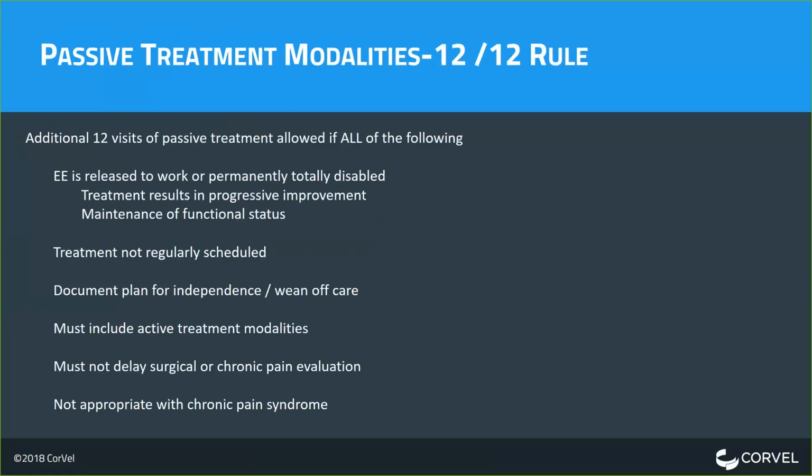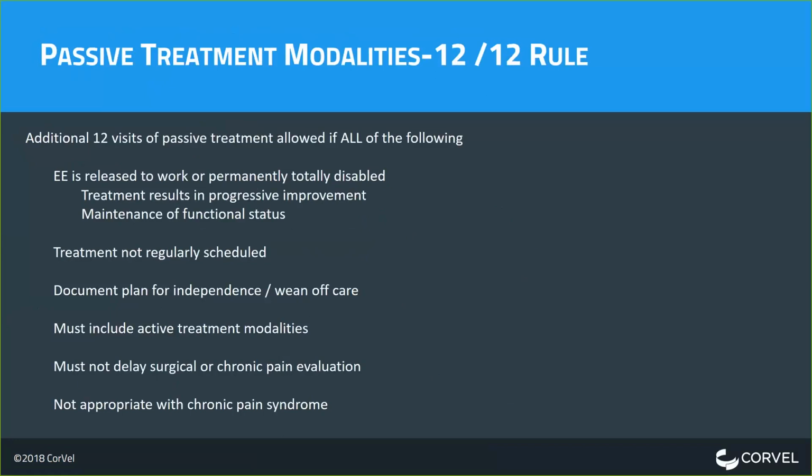And that's why it says the 12-12 rule. It's not 1 visit a month, it's 12 visits over 12 months. So you could have 6 visits in the first 2 months and do the remaining 6, the rest of the year. The additional 12 visits are allowed if the employee is released to work or permanently totally disabled, the treatment results in progressive improvement, and there's a maintenance of functional status.